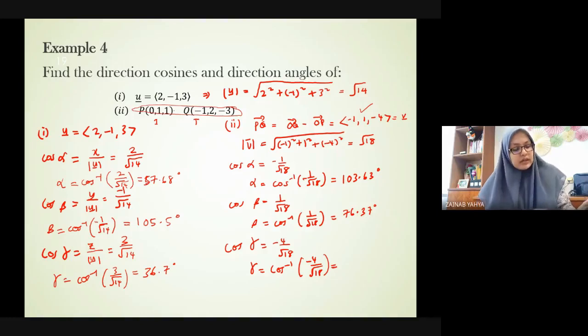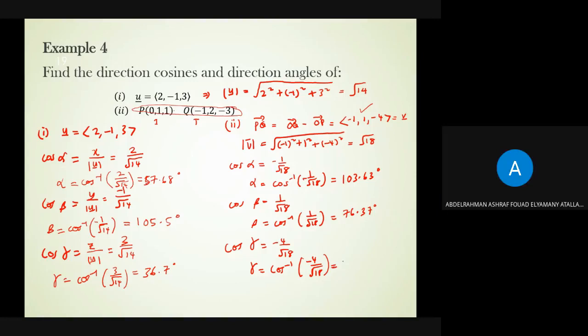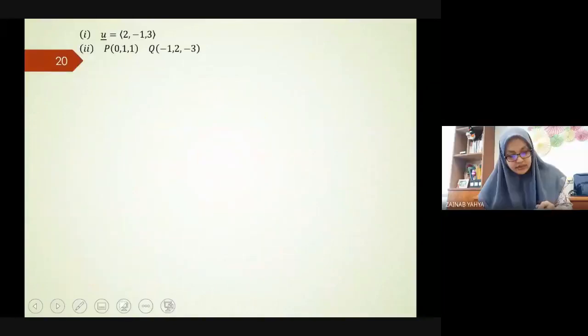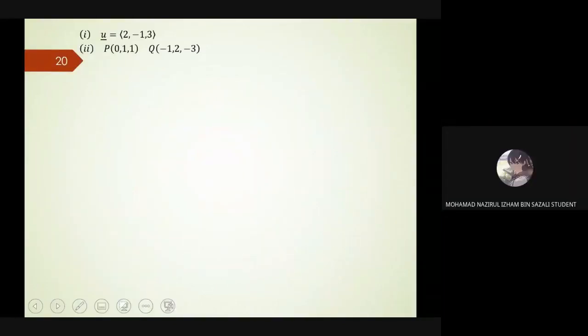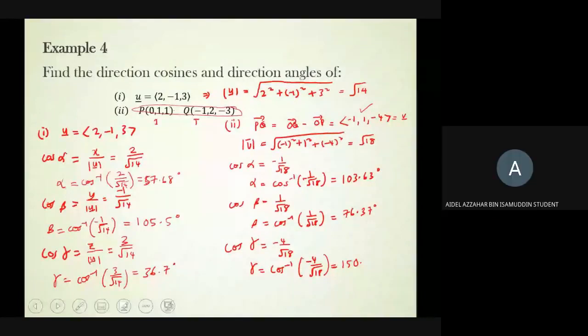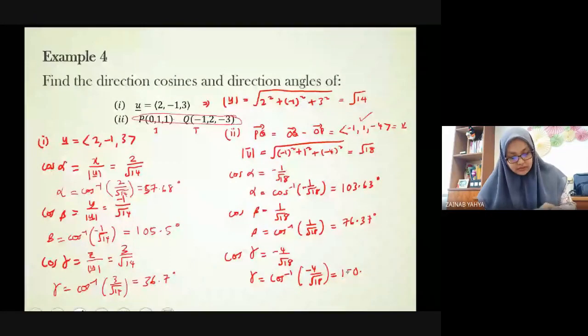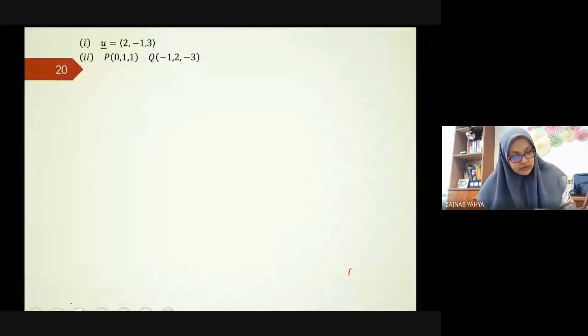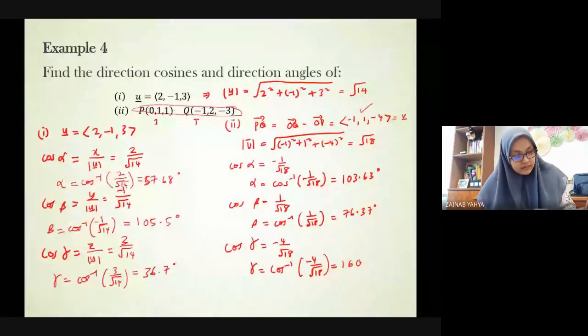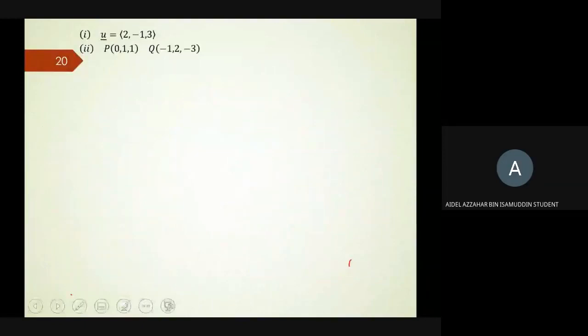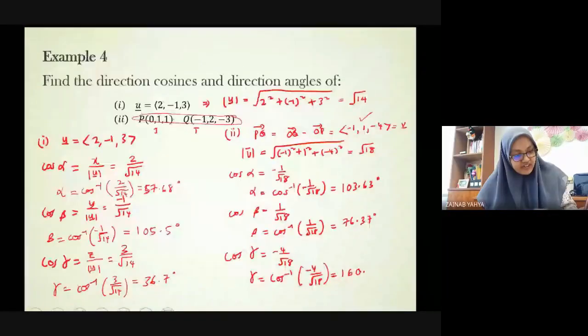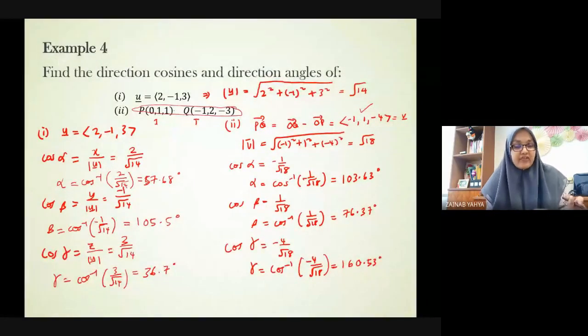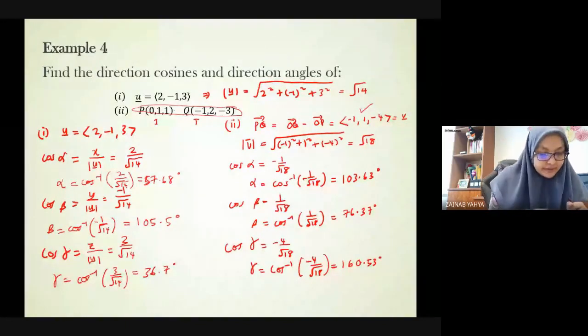How about gamma? 160.53. Okay, very good.